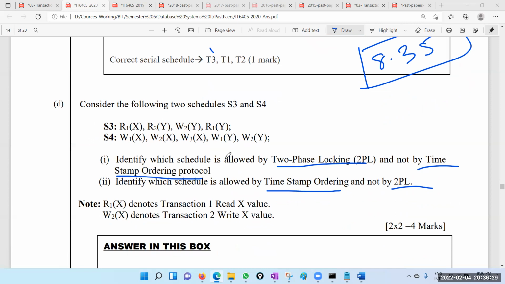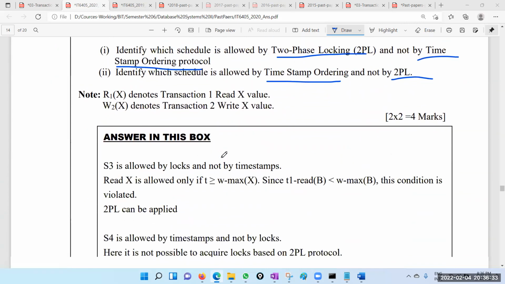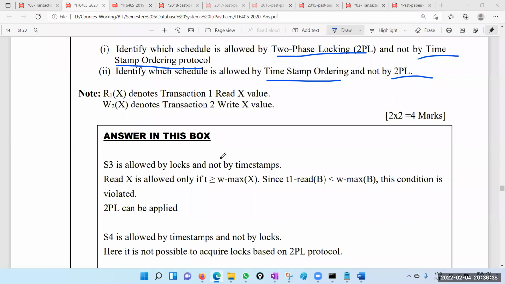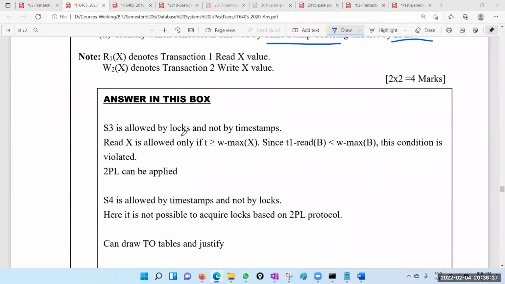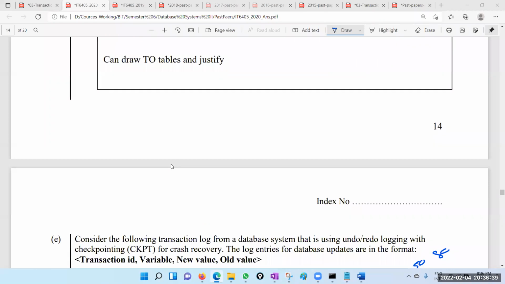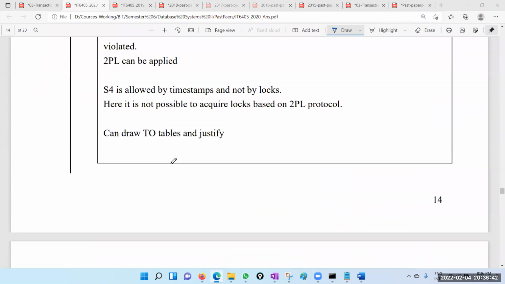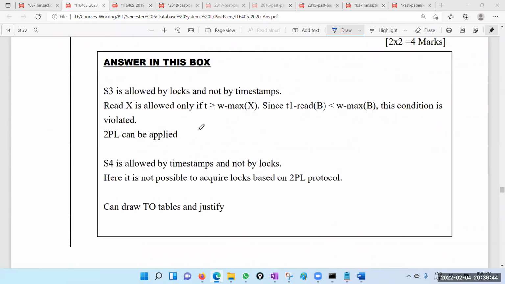Okay, let's continue. Right, so two-phase locking. Now they have given the timestamp. Why have they not given the locking?